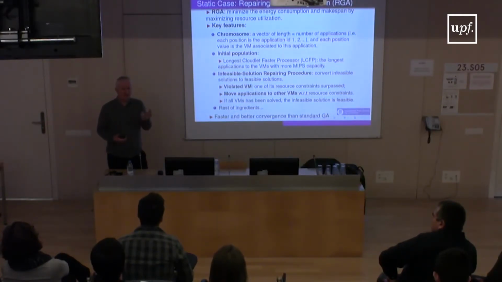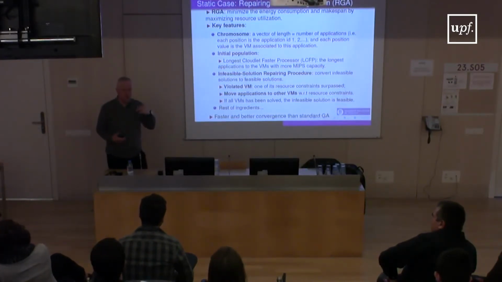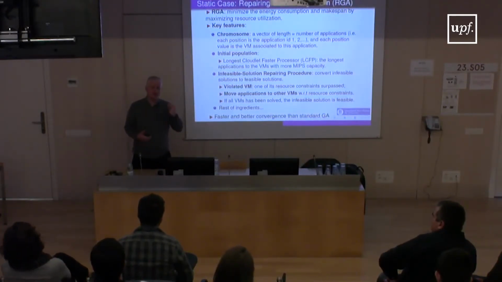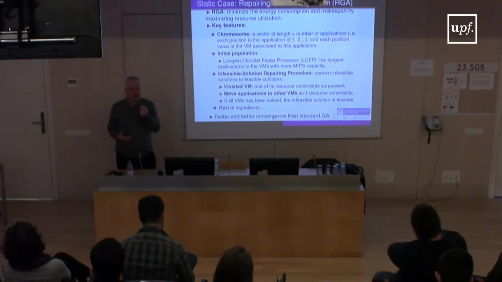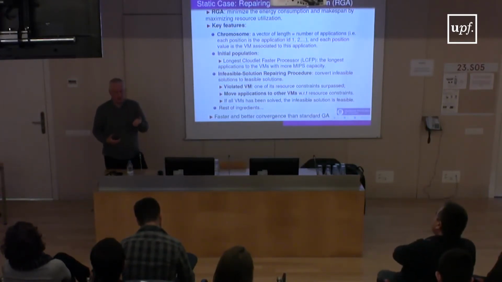But then what I can do is keep moving until I find a virtual machine where that application fits into, right? And actually, this is what we used in the implementation, because this gives the genetic algorithms, interestingly, two good features. First, efficiency.